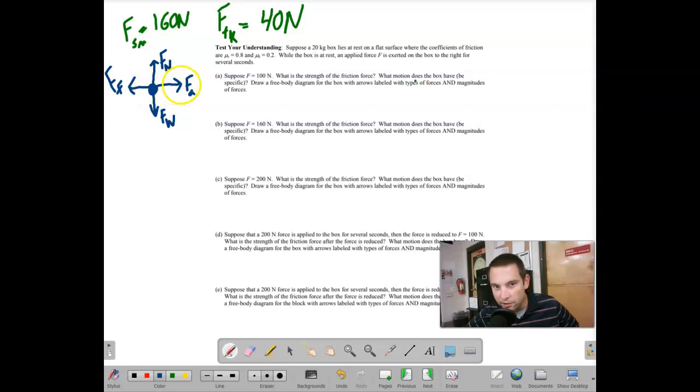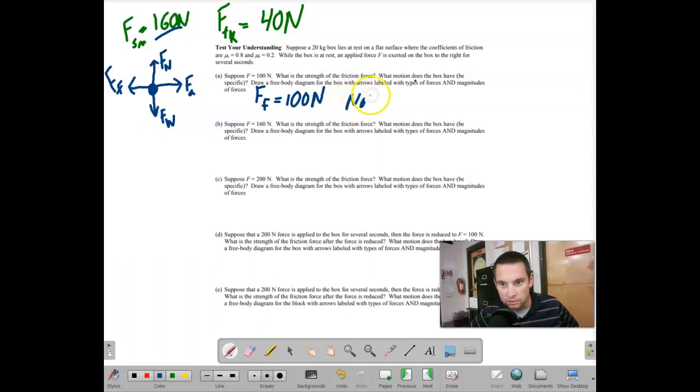When we start applying the force, the maximum static frictional force is not overcome. So in this instance, our frictional force equals 100 newtons because the maximum static frictional force has not yet been overcome.